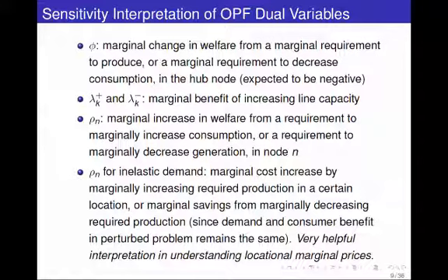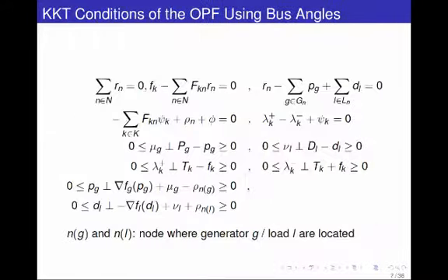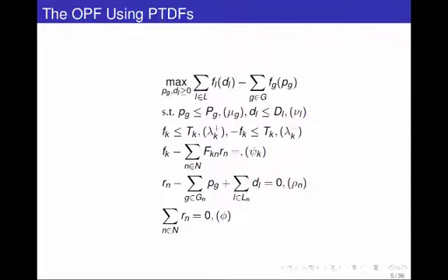Similarly, the rho, if you recall what I showed you here, is this equality constraint over here. Increasing the right-hand side a bit is like saying that I'm giving you a bit of free power at that location.